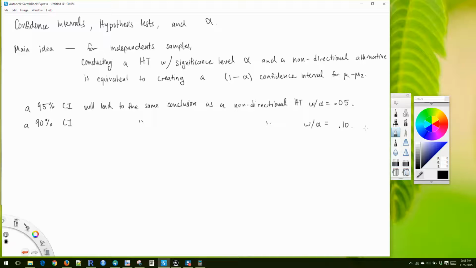So how did we make conclusions with confidence intervals?